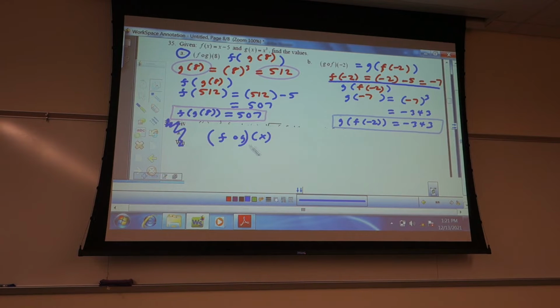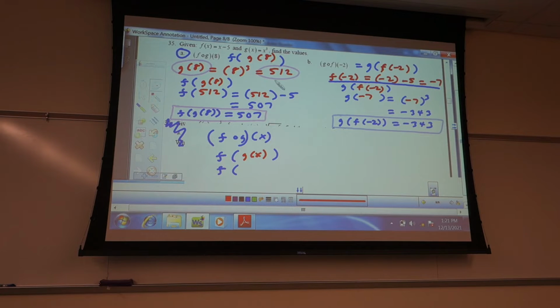So f of g of x is f of g of x. What's g of x? X to the third. So that becomes f of g of x.